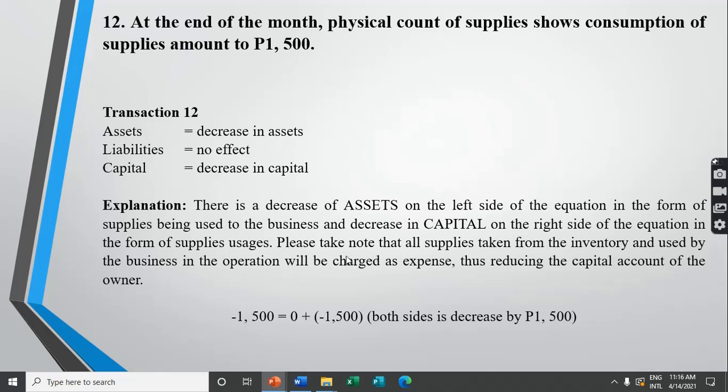So, yung binili mo na supplies which amount, yung amount niya is 2,000, nagamit mo na yung 1,500. Okay? So, ano yung mangyayari dun sa asset mo? So, magdi-decrease ka dito sa asset. And also, magdi-decrease ka dito sa capital.